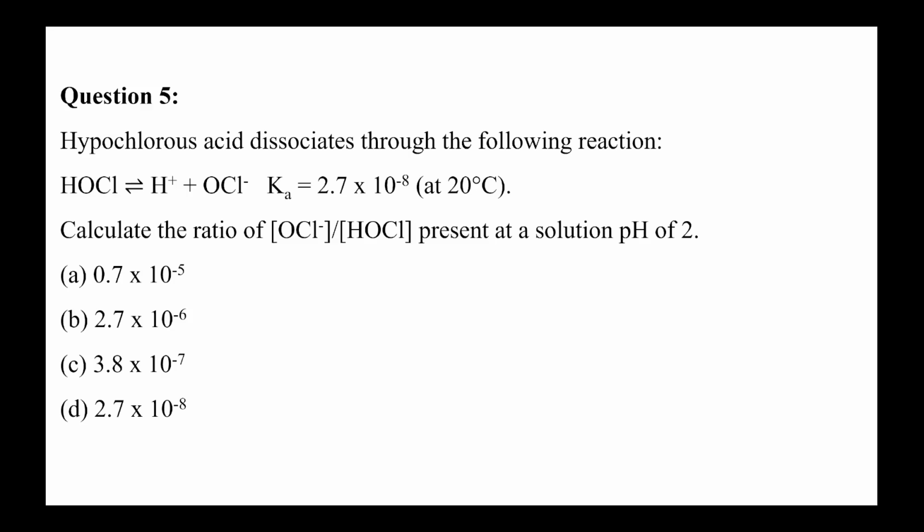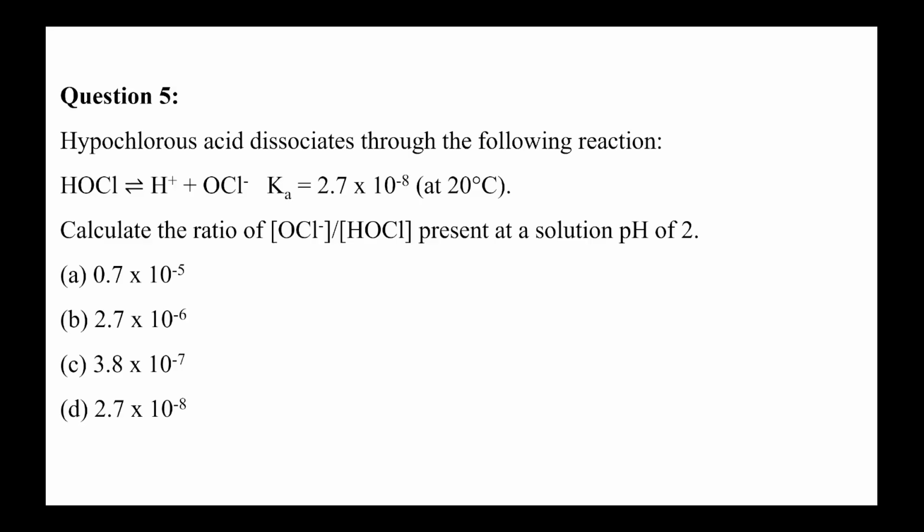Question number 5. Hypochlorous acid dissociates through the following reaction. HOCl goes to H plus OCl minus. We discussed the dissociation of hypochlorous acid now. The dissociation constant Ka is given as 2.7 into 10 raised to the power of minus 8.